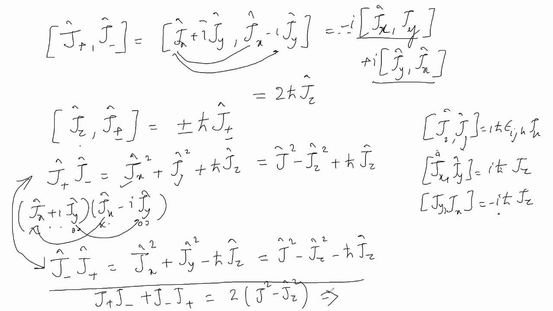That means your J square is also equal to half J plus J minus plus J minus J plus, plus Jz square.